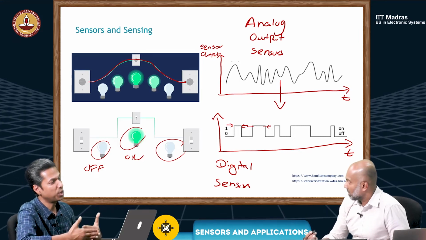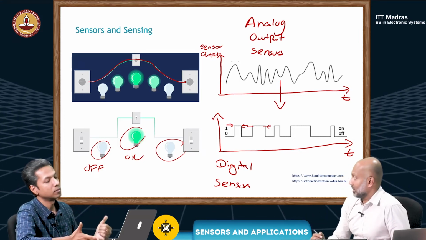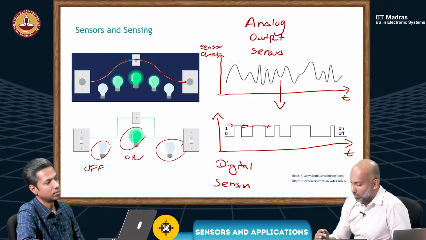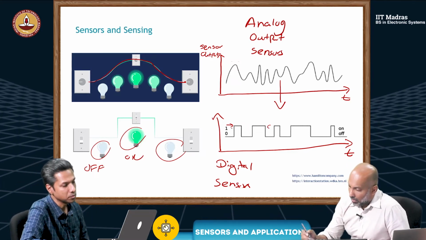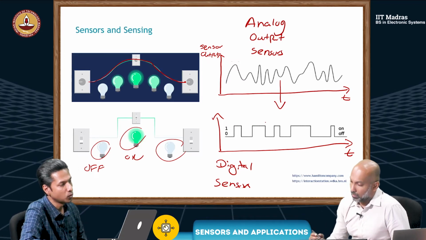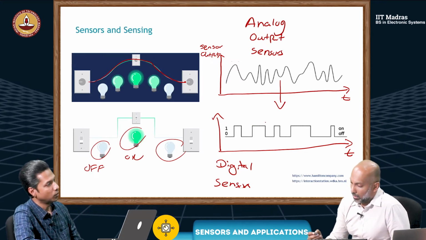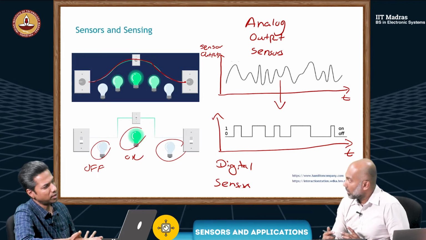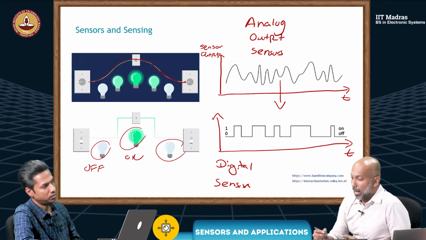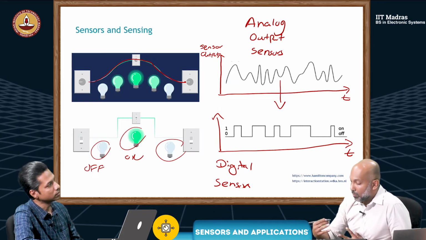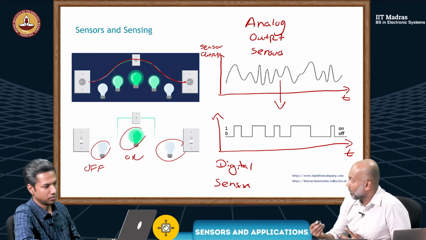So I can have a duty ratio, how long it's on, how long it's off. Another example would be the frequency itself, and also the information that's sent over a period of time.